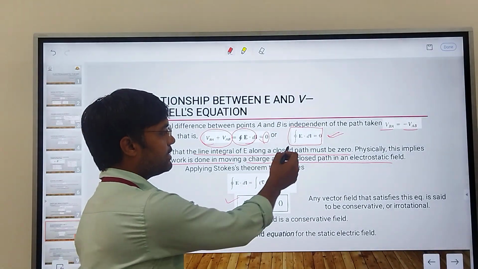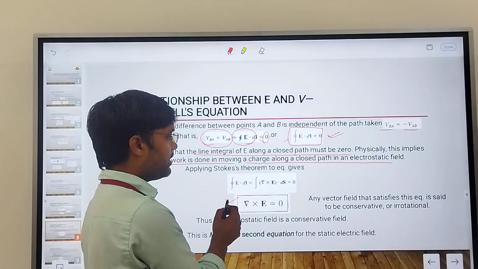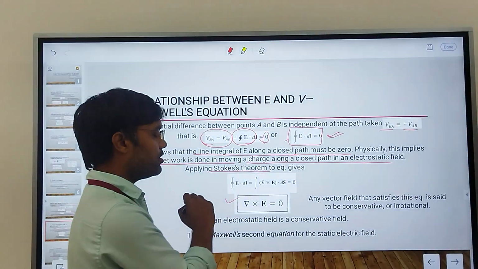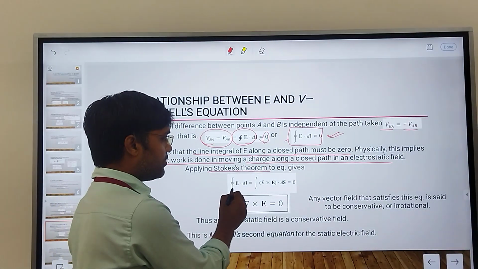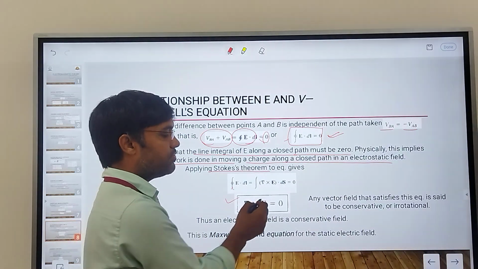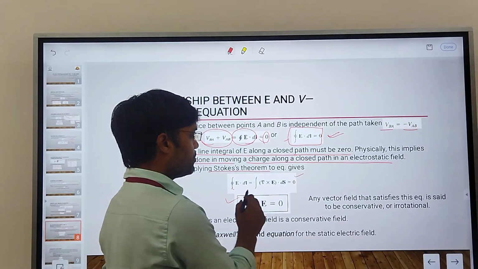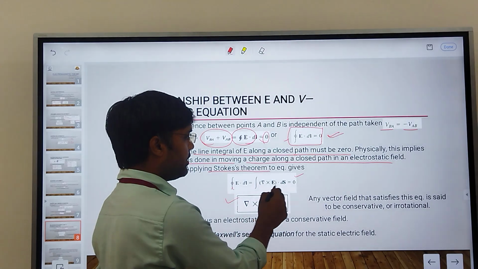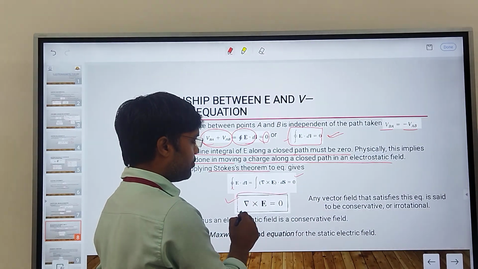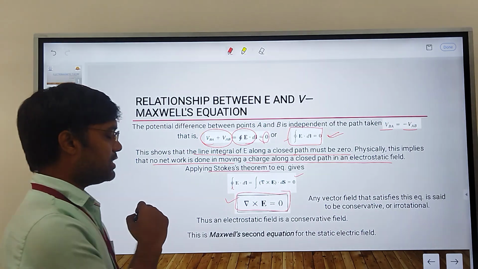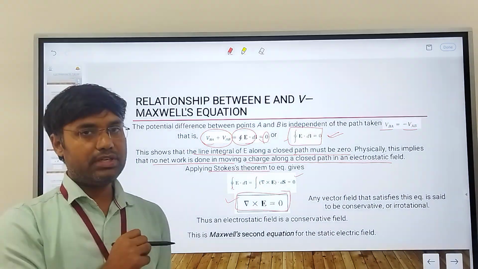Okay, so this is the integral form. In point form, we can write using Stokes theorem. Stokes theorem states that the line integral of any vector is equal to the surface integral of the curl of that vector, which is equal to 0. By equating these two terms, we get the point form of this expression, which is curl of E equal to 0.